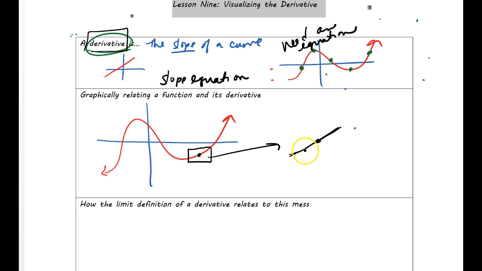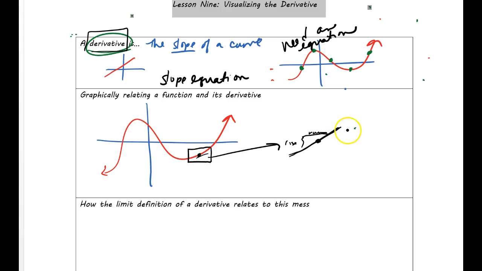You get it to where it looks so much like a line that you can just do the rise over the run, and whatever that rise over run is, that's your slope at that point, or your derivative at that point. So you're going to get a derivative equation, and once you zoom in and find the slope, like right here, it's a pretty flat slope, okay?